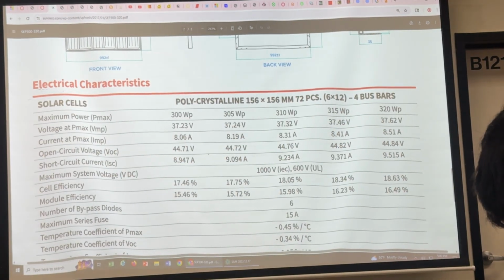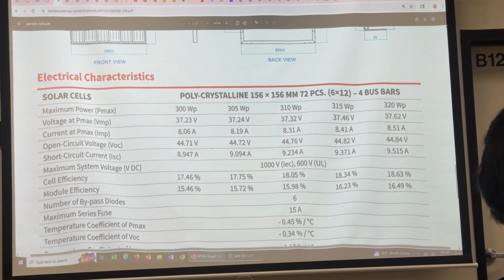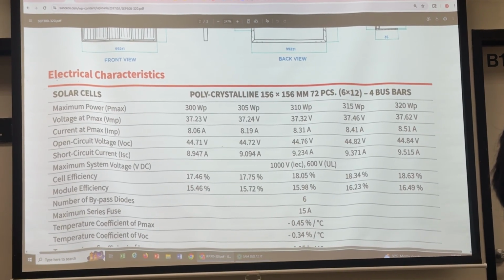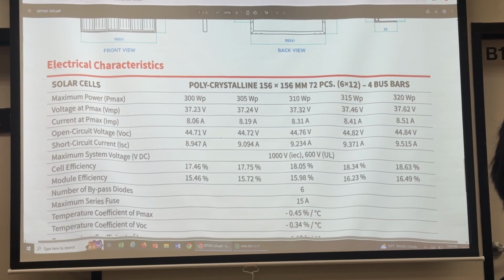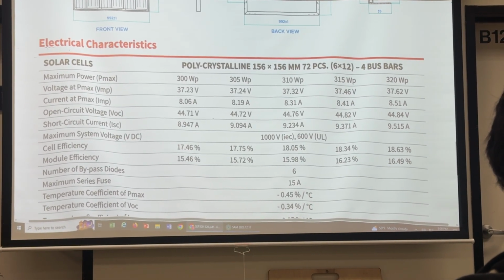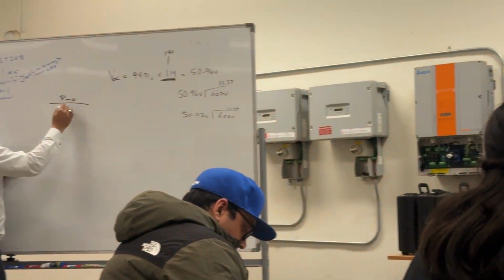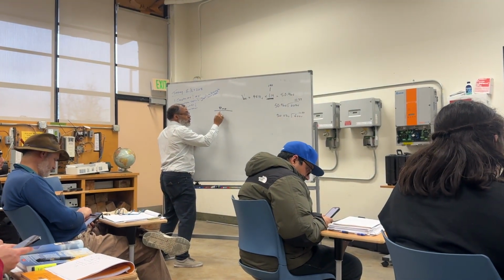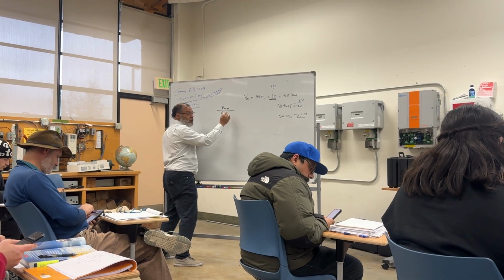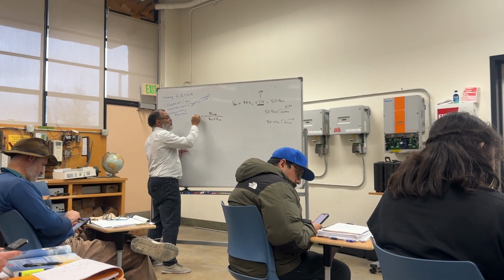So it'd be 300 on the top number, divided by the other two numbers. Open circuit voltage, 44.71, times the current at short circuit, is equal to the fill factor. Did I get that right?